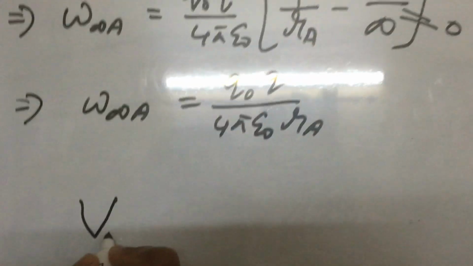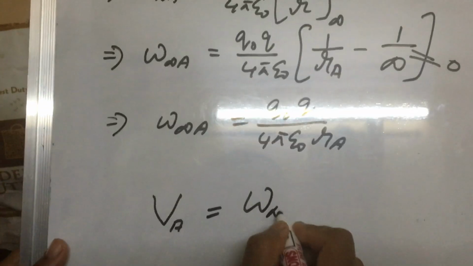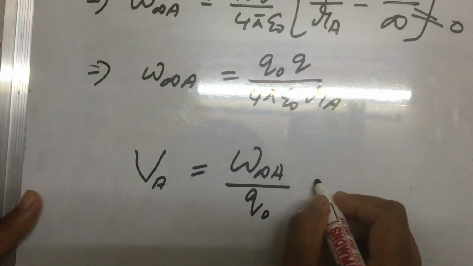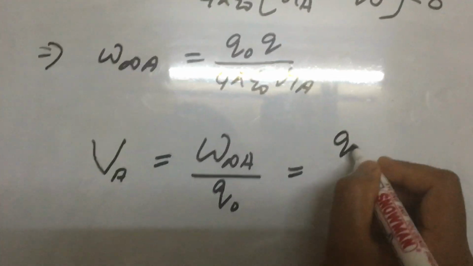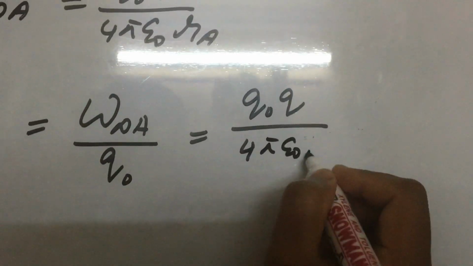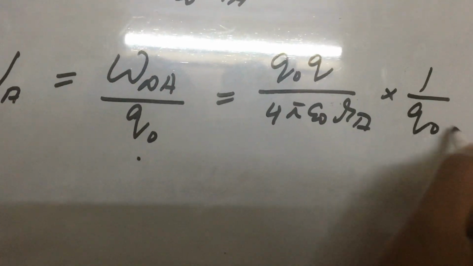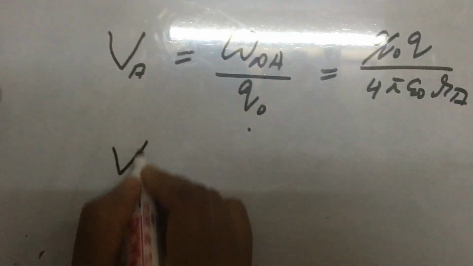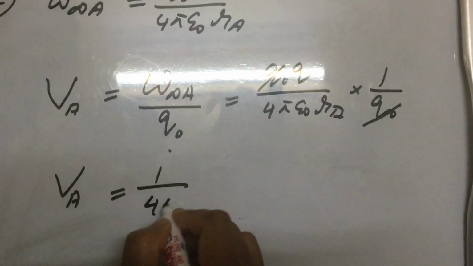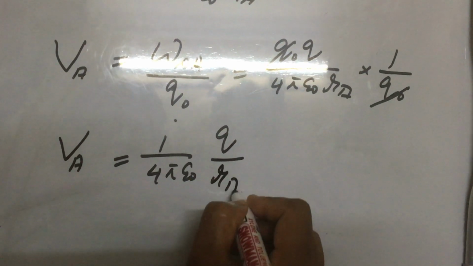We are supposed to find the potential at A. What is the definition of potential? The amount of work done in bringing the unit charge. So the work done divided by Q0 gives the expression of potential: 1 by 4 pi epsilon naught Q by Ra.